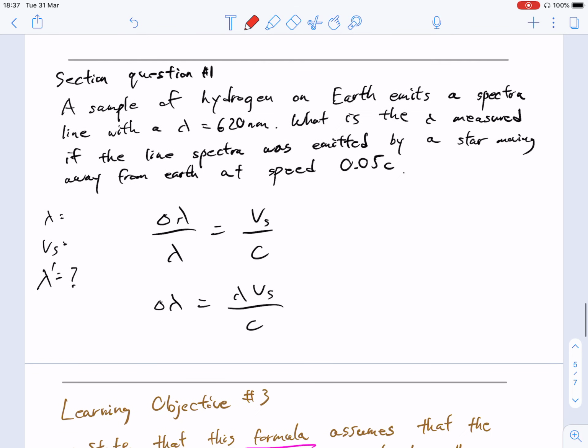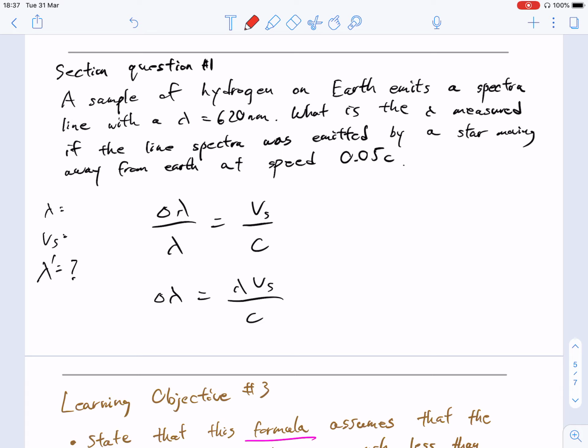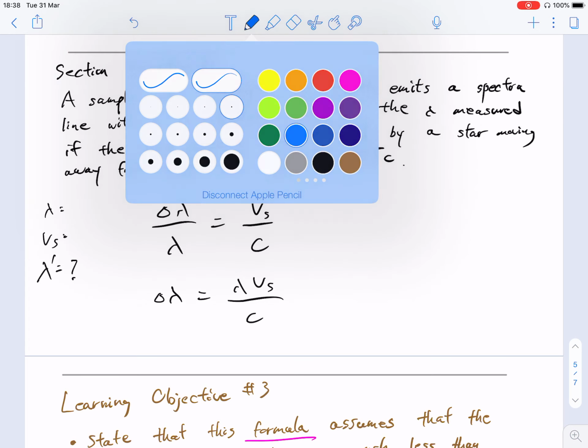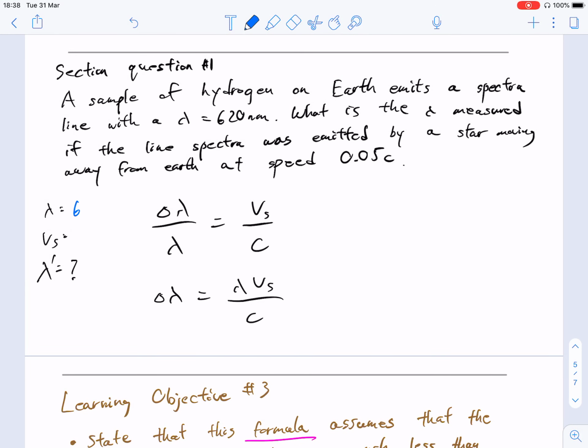Okay, another question here: we have a sample of hydrogen on Earth. This is from the section questions, by the way. A sample of hydrogen on Earth emits a spectral line with a wavelength of 620 nanometers. I'm just using different colors here. So 620 nanometers, that's the original. We're looking for lambda prime, as I've already got here from before.